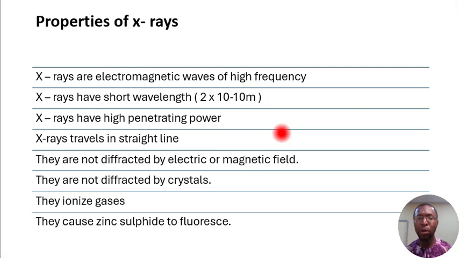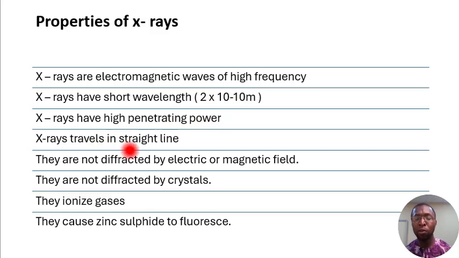Okay, now let's mention some properties of this X-ray. Number one, this X-ray are electromagnetic wave. Okay, they are electromagnetic wave of high frequency, and they have a short wavelength of 2 times 10 to the power minus 10 meters, and they have high penetrating power. That is the hard X-ray.